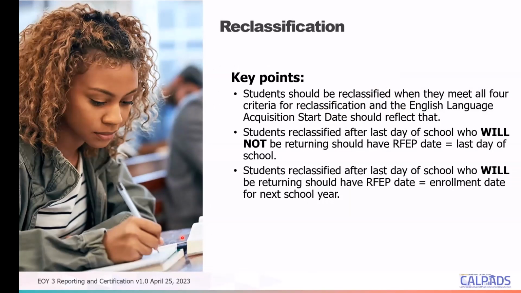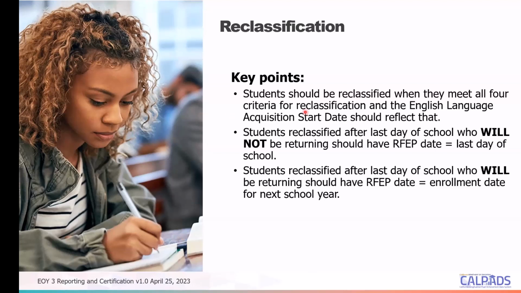So there are instances where RFEP students may be taking the test during summer, which is outside of the academic year calendar, right? So if a student tests during summer, and this is after their enrollment or after their last day of school, there is no way to track this in CALPADS or to include the students unless you report them within the enrollment period that you own the student.